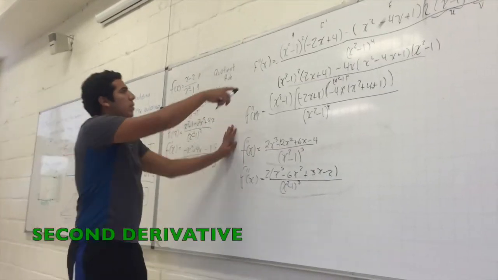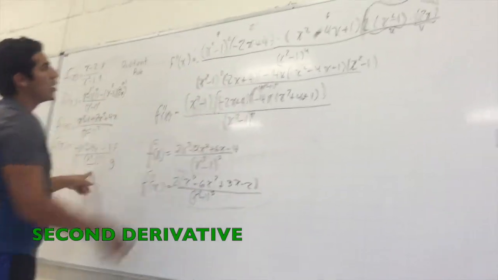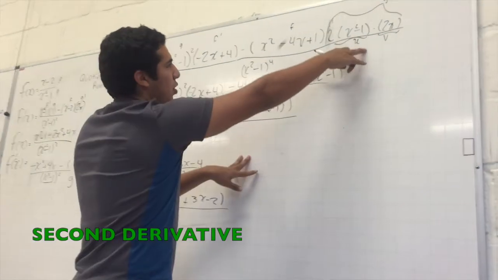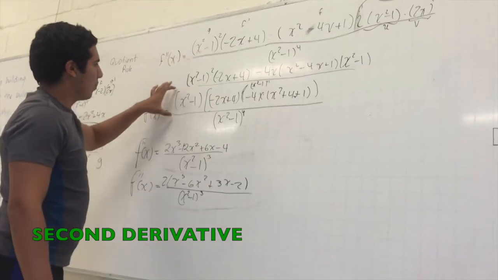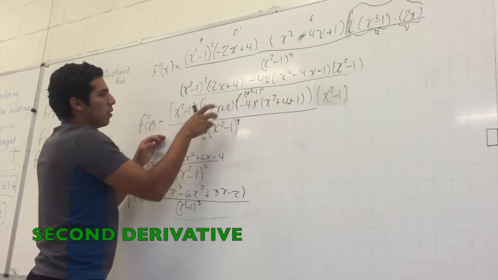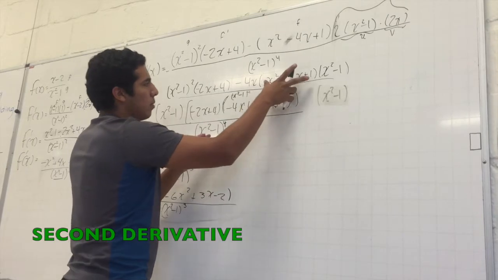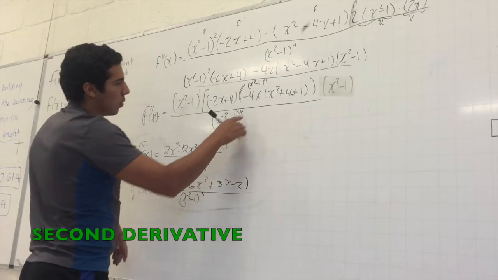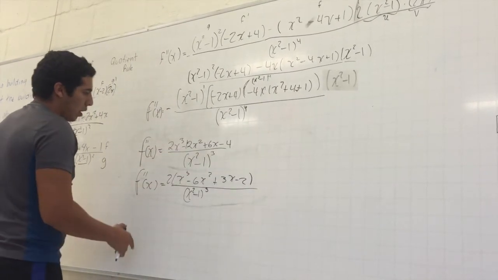To get the second derivative, I'm going to use also the quotient rule. So this is g, this is f prime, minus f, this is g prime. We use the chain rule, and then we get a common factor. Then we just multiply and add the answer.